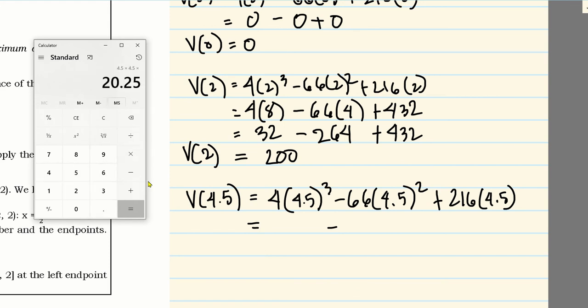We should multiply it 3 times because it is cube. 4.5 cube is 91.125, times 4 is 364.5.